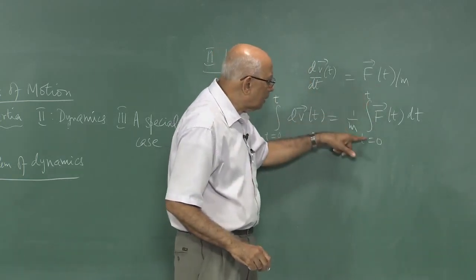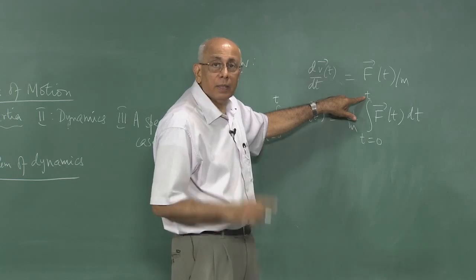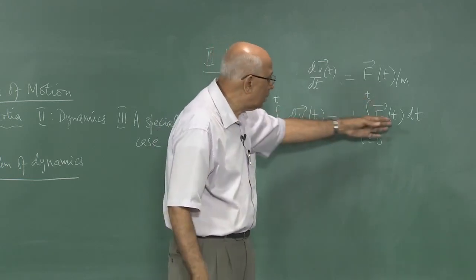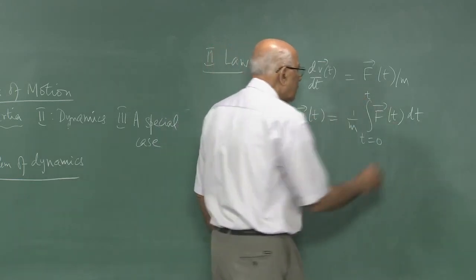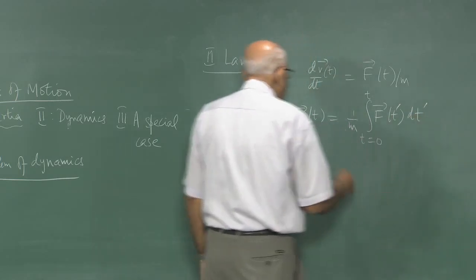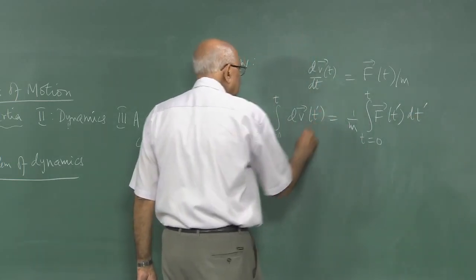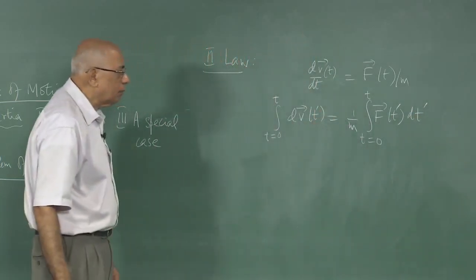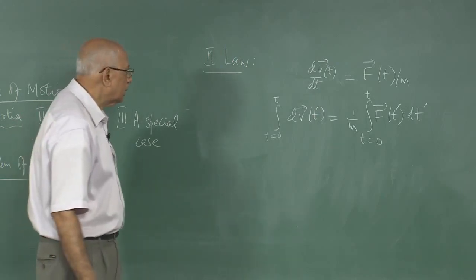These are definite integrals from 0 to any given specified time t, so I need to use another symbol for the integration variable. So let us write it in this fashion. It is always a good idea to keep variables distinguished from each other.